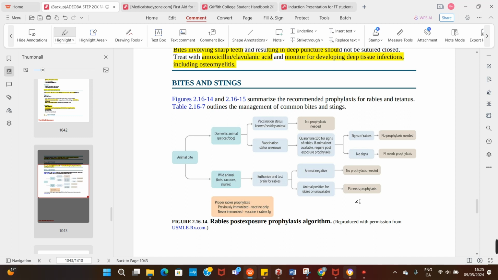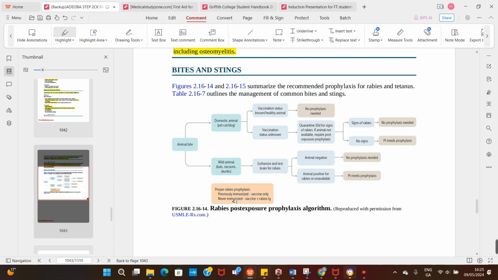So once you are giving prophylaxis, definitely your patient will take active immunity, which is vaccine. The only thing that might change is that the patient might not get the immunoglobulin with the vaccine, right? But they will always get the vaccine. So let's look at the situation. If the patient is previously immunized with rabies, the body is strong enough, right?